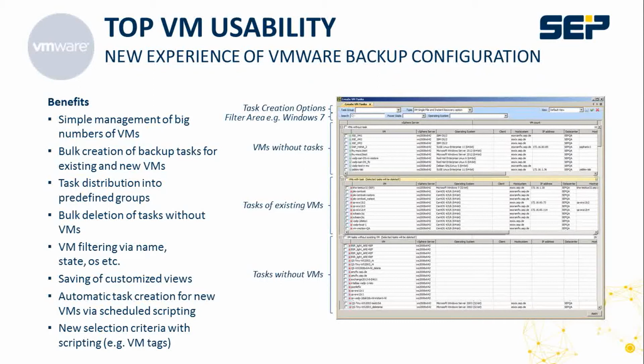And if it's a test virtual machine starting with test underscore maybe, then this will be just skipped. But you can also use the meta tags, the custom attributes of your virtual machines, as a selection criteria, and much more possibilities with this automated virtual machine detection mechanism.